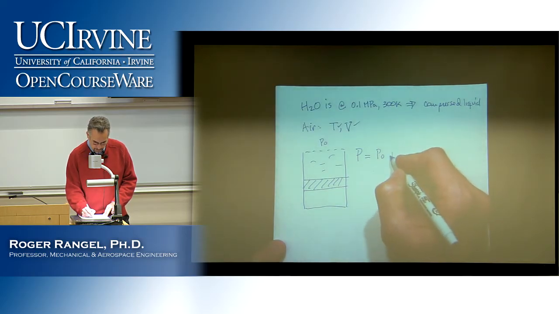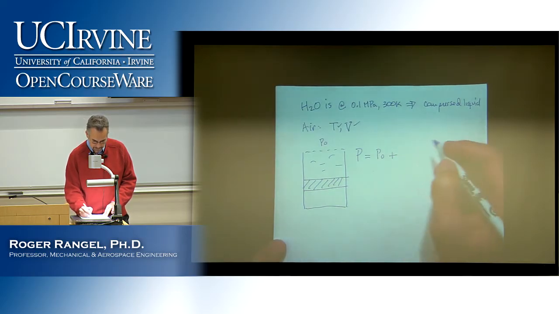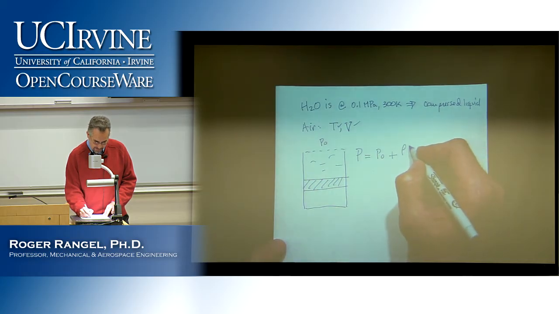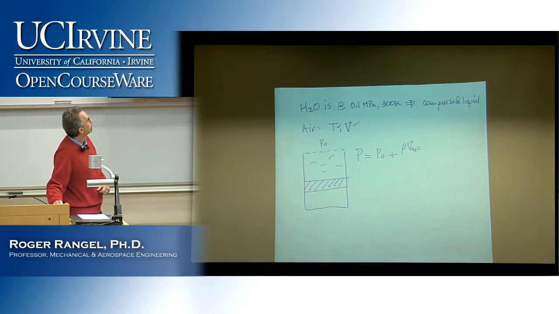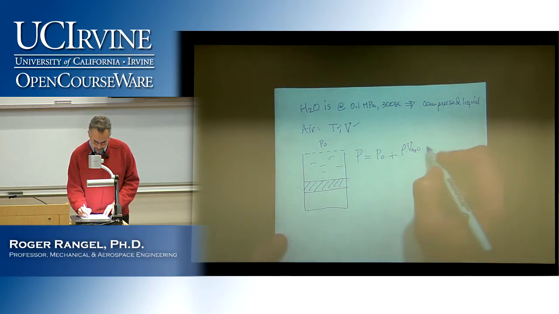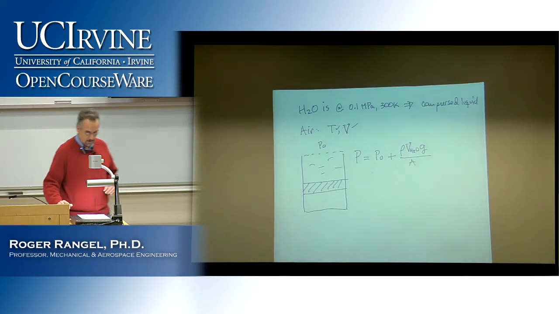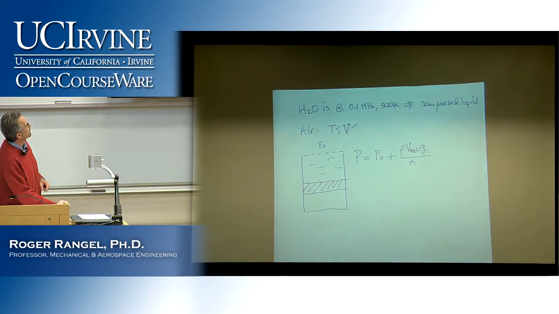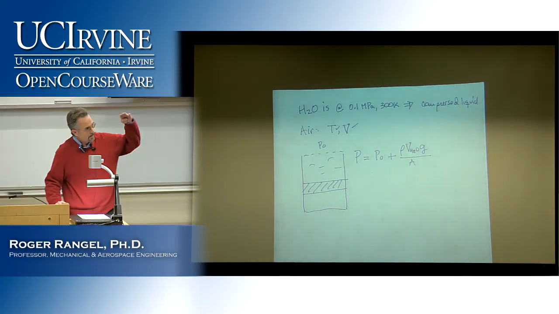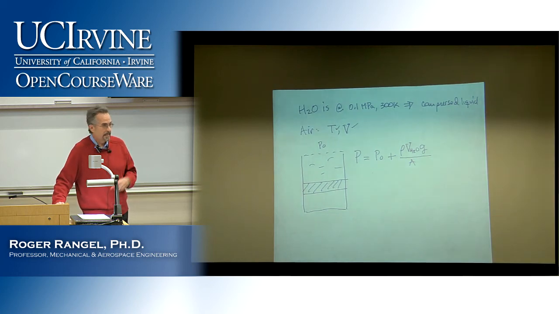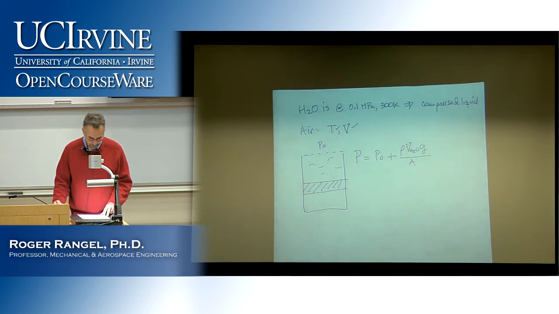The weight of the water is rho V_H2O times g, divided by the area of the piston. That's the pressure acting on the air, and therefore that's the pressure of the air.